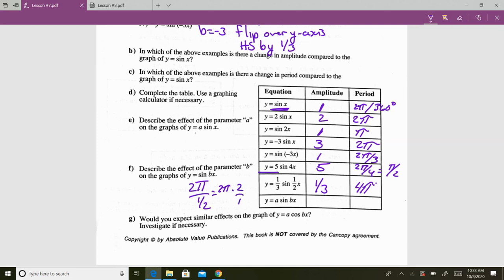Okay. So in general, your amplitude is your a value, and your period is 2 pi divided by b. Or if you want to do it in degrees, 360 over your b value.